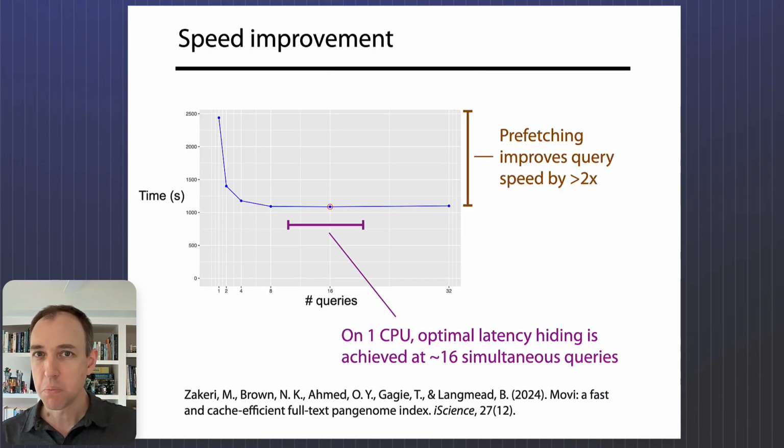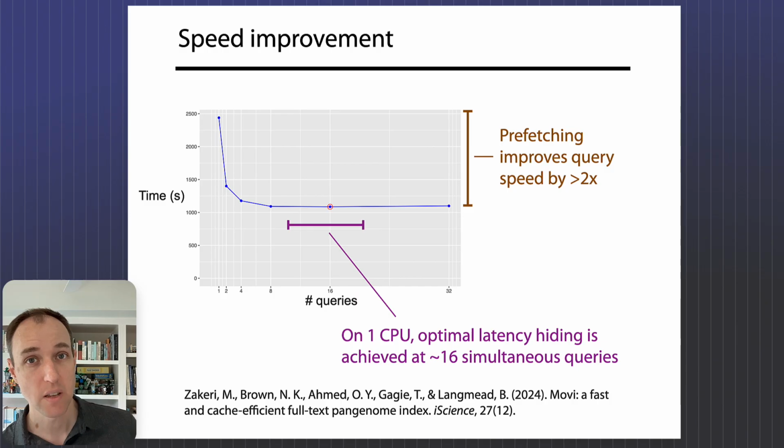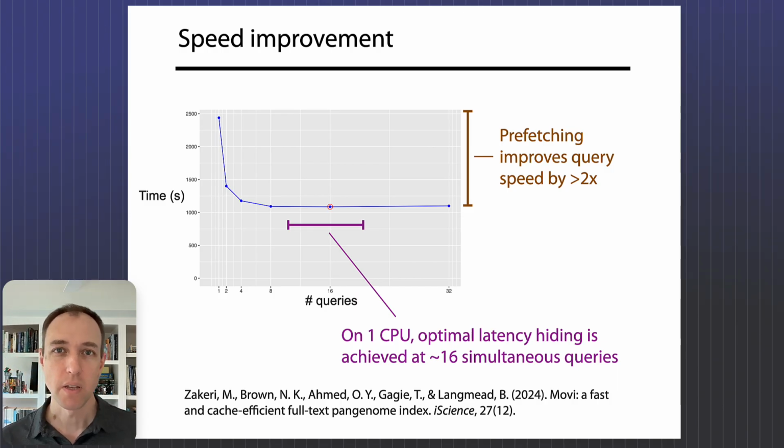In this implementation, and I'm showing you a paper from my own research group here, we implemented a move structure and this prefetching idea, and we were able to demonstrate that if you do prefetching and switch between queries so that you're always keeping busy while you're waiting for the memory to be retrieved, then you can have a speedup of more than twofold. Which is pretty good.